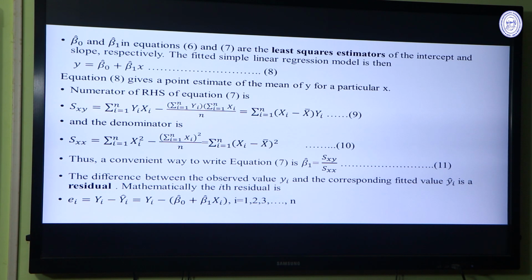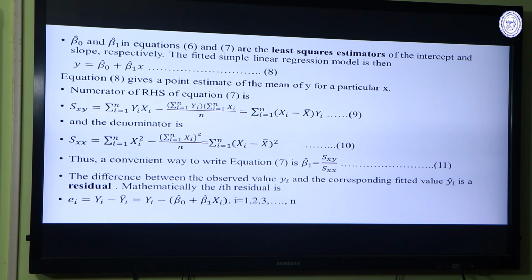Now, the difference between the observed value and the corresponding fitted value, as we have already known, is known as the residual. Now, the ith residual is Ei. Since it is the sample error, that is residual, we are denoting it Ei. In case of population error, we would denote it as epsilon i.